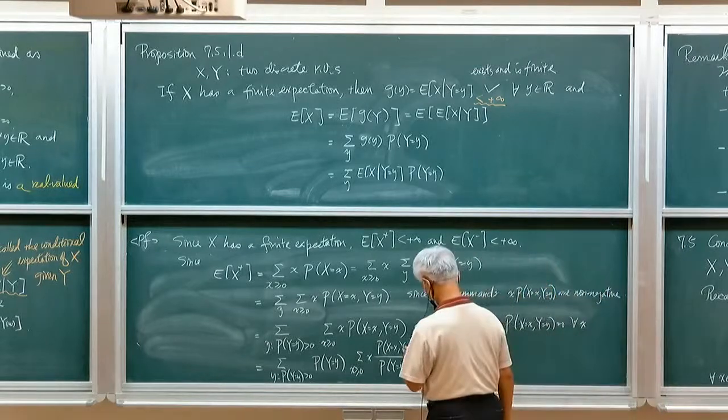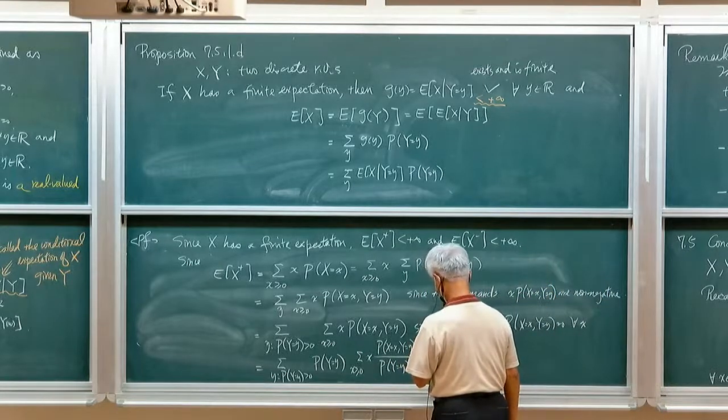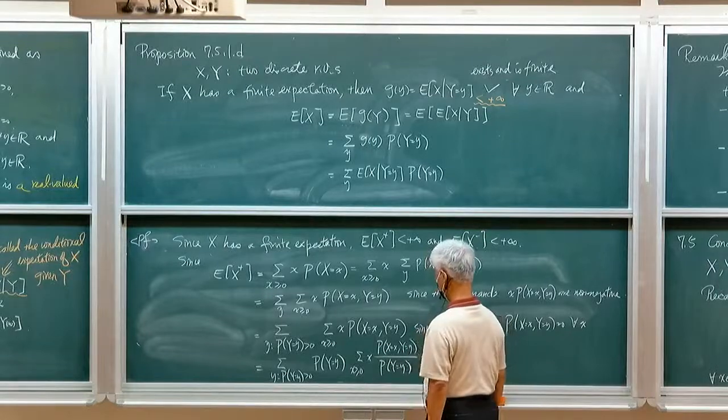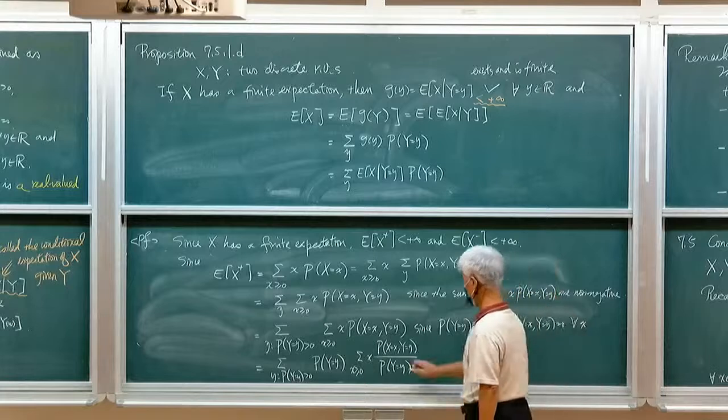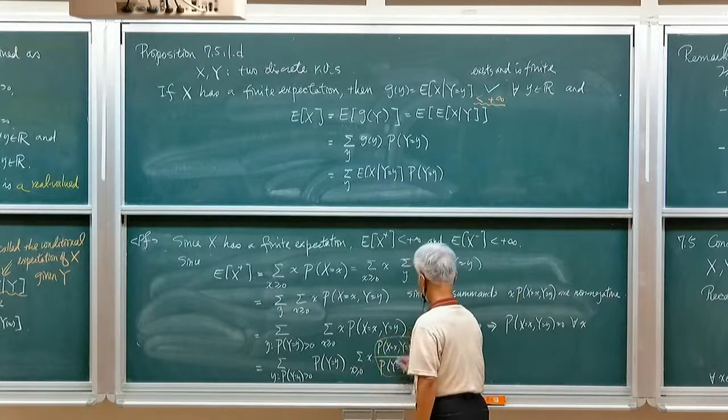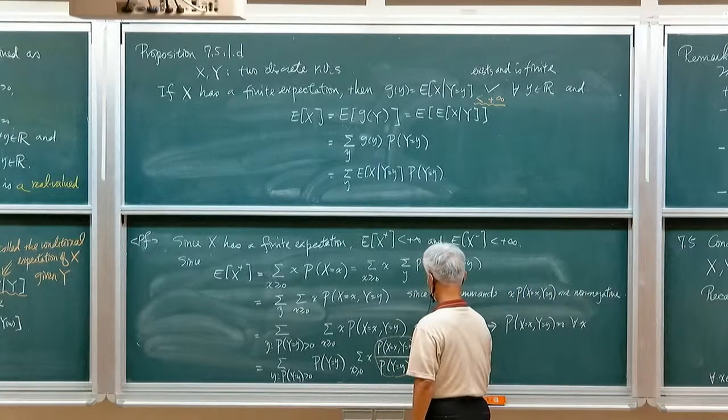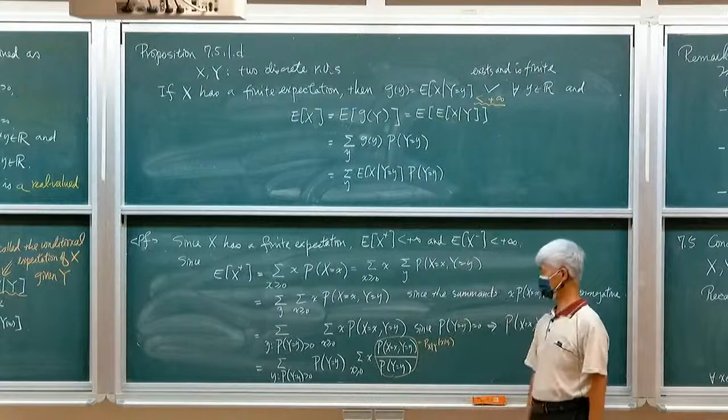And remember, what is this? This is the conditional probability mass function of X given Y.